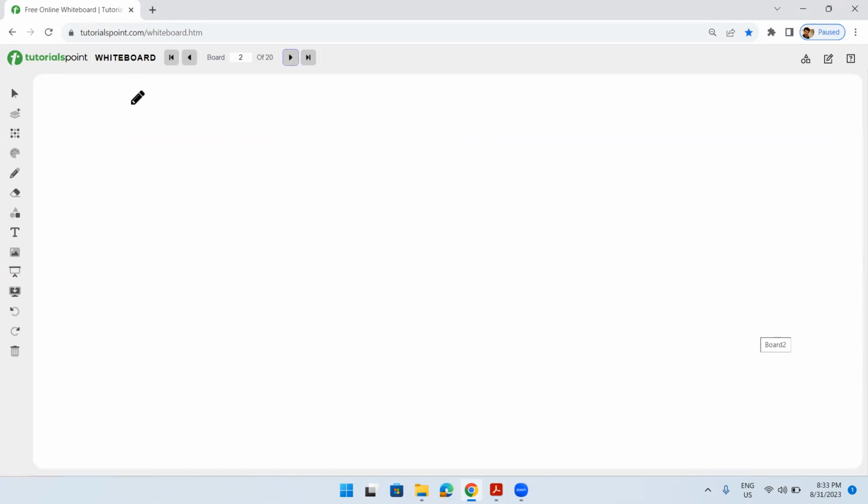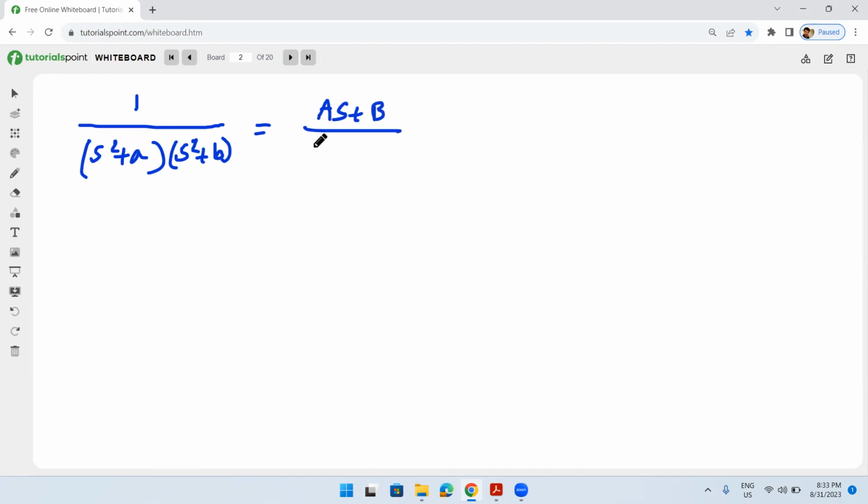In the numerator I'll take simply 1; it can be a function of S or whatever. So take the function of S divided by (S square plus A) into (S square plus B). We take it as (AS plus B) by (S square plus A) plus (CS plus D) by (S square plus B).